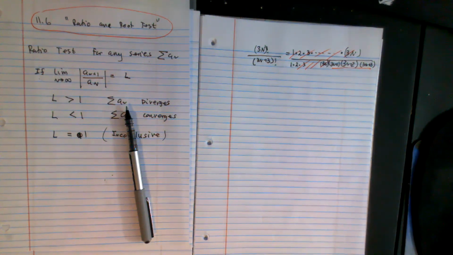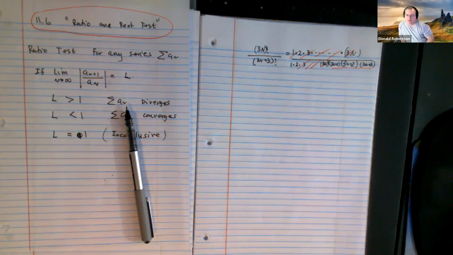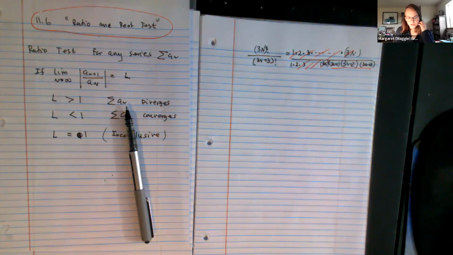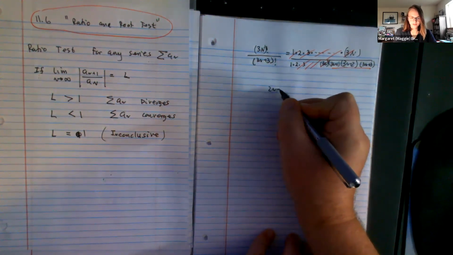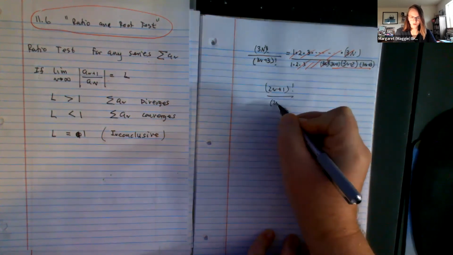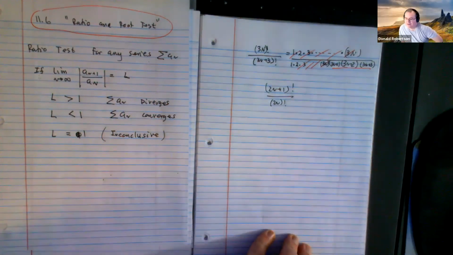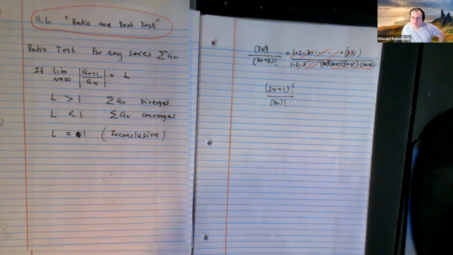Any other questions from anyone? I did have a question. Sure, what have you got? So with the factorials, if you have the 2n plus 1 factorial divided by the 2n factorial, if we know how that's going to go, are we expected to show it on a test? Yes, it's part of the proof.